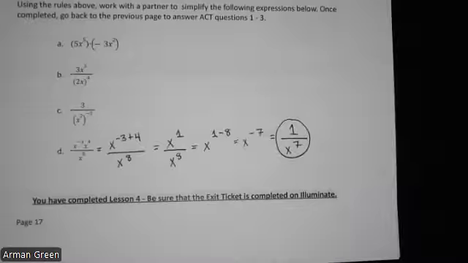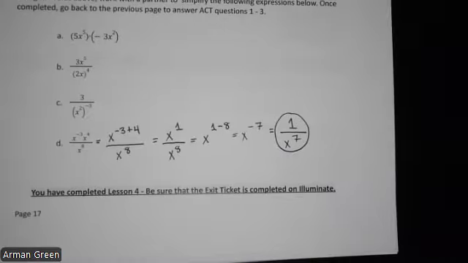Now, similar to before, depending on what day you have me, there are two different access codes for Illuminate to get to this exit ticket. I'm going to share both of them with you.